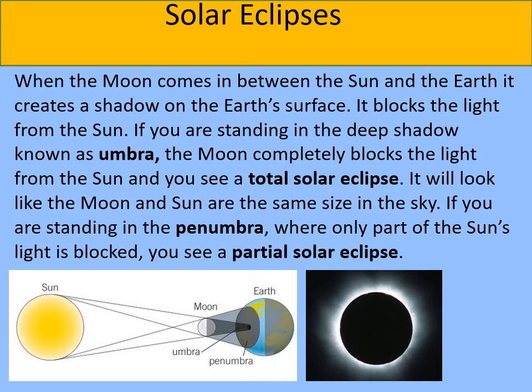Now, in a total solar eclipse, the disk of the Sun is totally obscured by the moon. The Sun's distance, and this is quite phenomenal, is 400 times the distance of the moon from the Earth. And also the Sun's diameter is 400 times the moon's diameter.